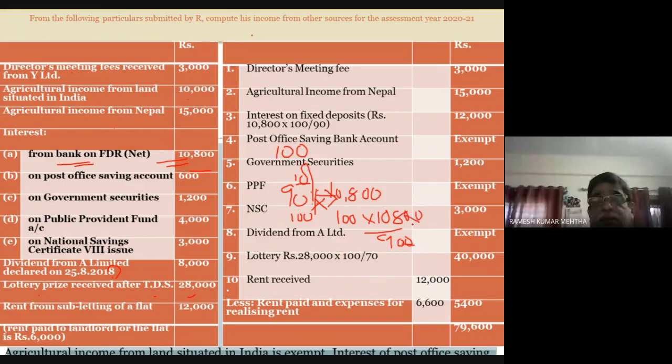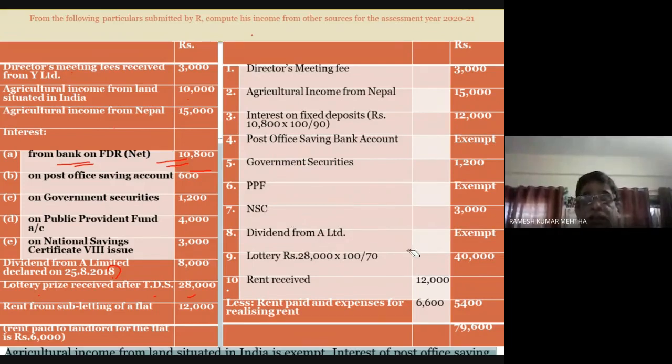If you solve the problem, you will get 12,000 rupees.